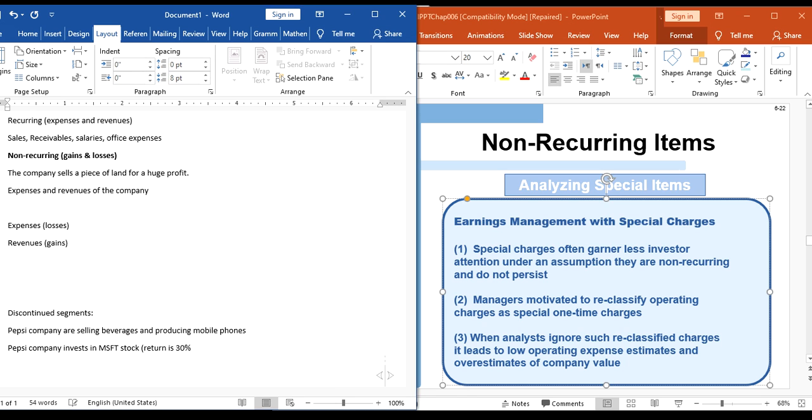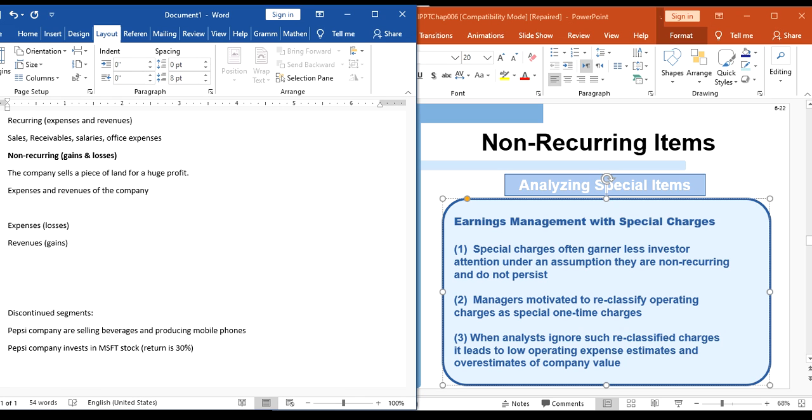It's a huge number, but is there a guarantee that every year this repeats? No. And next year can be negative 30%, which should be considered as a loss, not revenue or expense. Okay.